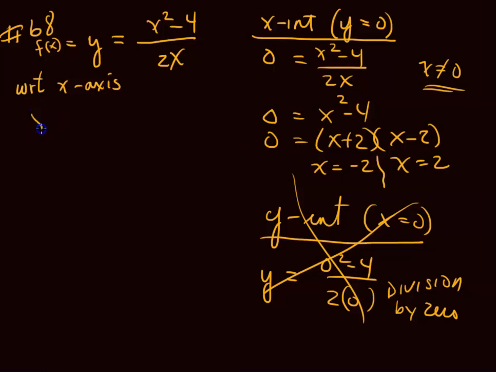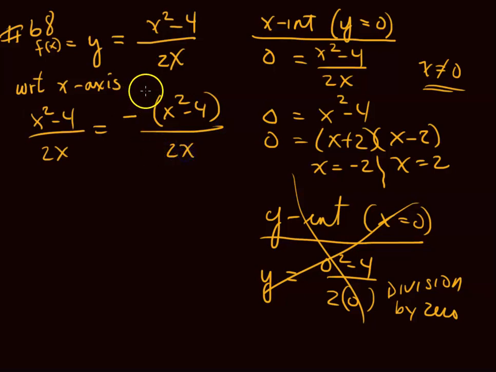In other words, does x squared minus 4 over 2x equal a negative x squared minus 4 over 2x? Well, that's a problem because you take the opposite of what you get here, and you certainly don't get the same thing. Those two are not equal.